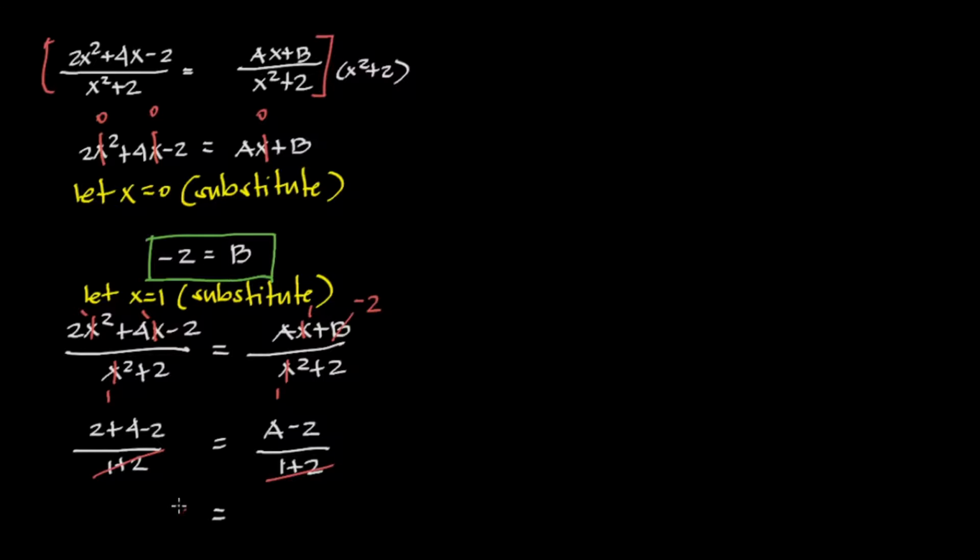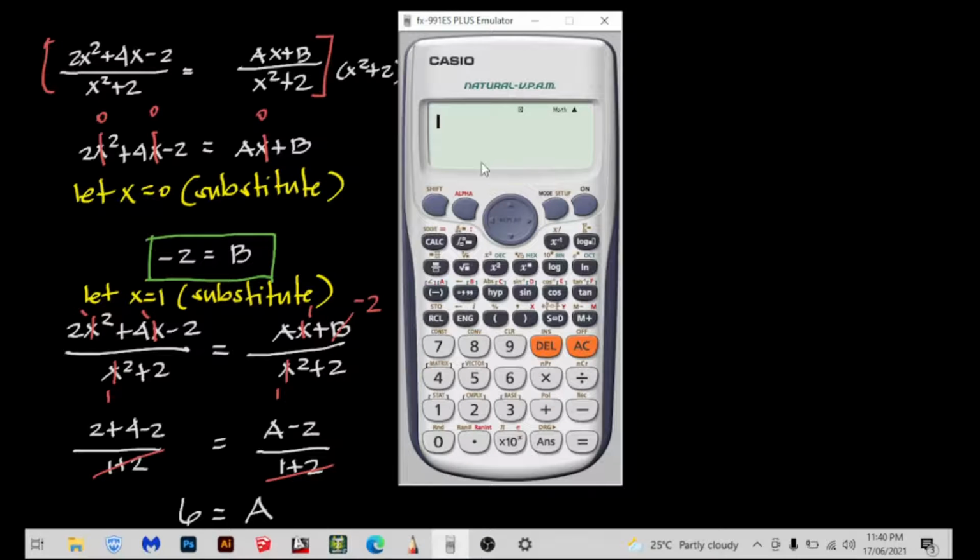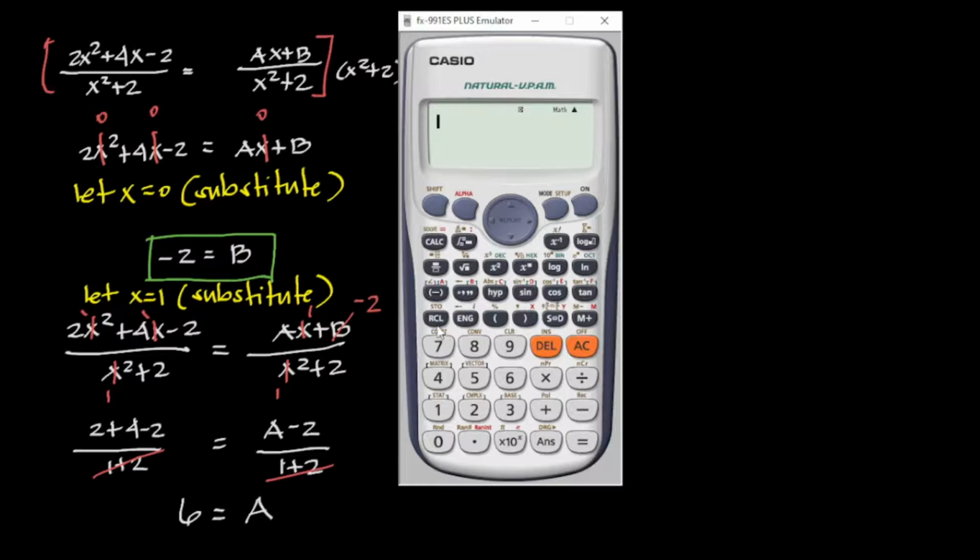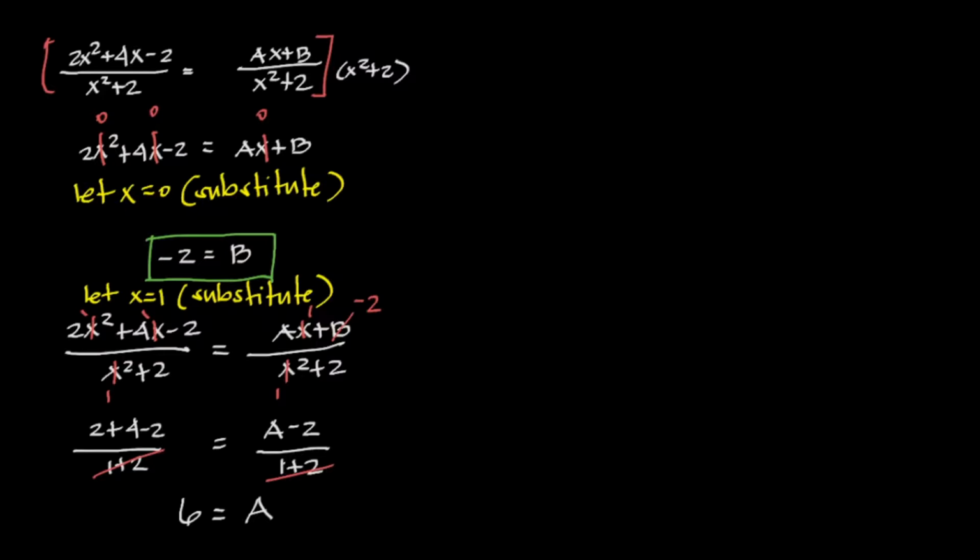That's 6. That's 6, so therefore, yan yung value ni A. Okay? So, try nga natin kung tama yung pagka-solve ko. 2 plus 4 minus 2. Ayan. Transpose it 2, that's plus 2. We have 6. Alright.